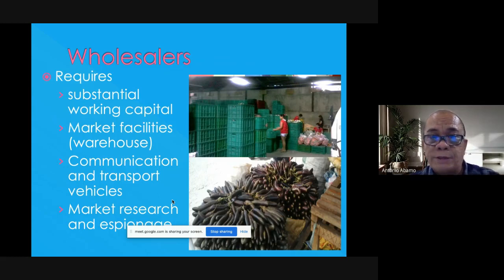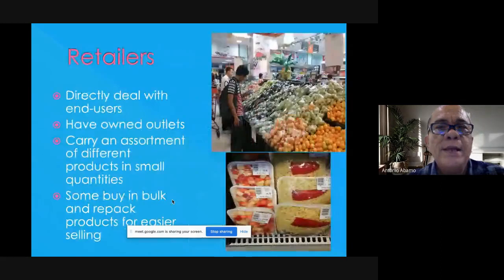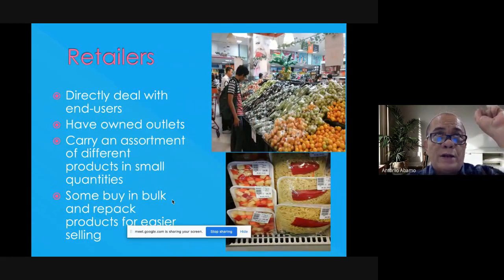This eggplant will then be sold to various retailers. There are only very few of them, and they buy and sell in bulk. Assemblers, wholesalers, and then retailers are also very important players in the market.